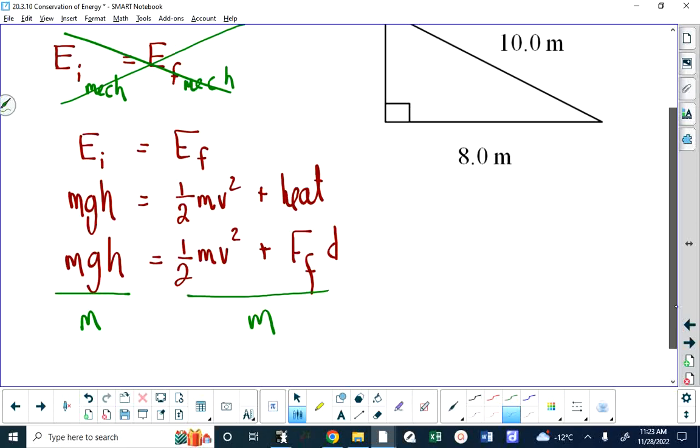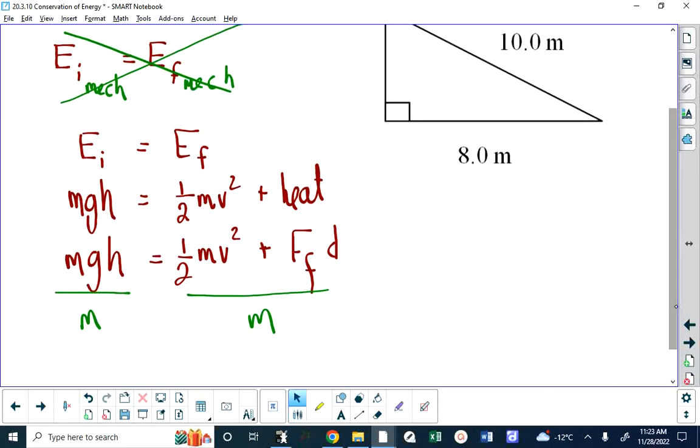Well, I can, but then I'd have to write over m. I can't get rid of the masses here. If we were after a coefficient of friction, and you decided to change this force of friction to mu times the normal force, and the normal force is mg, then you could cancel. But we're not after that.